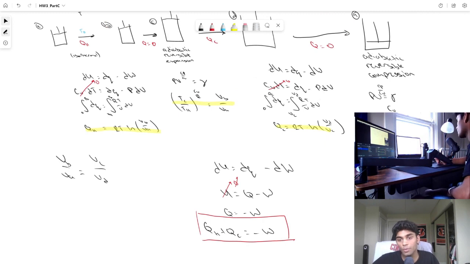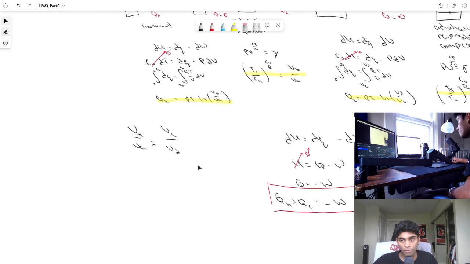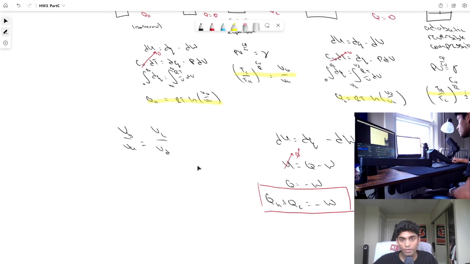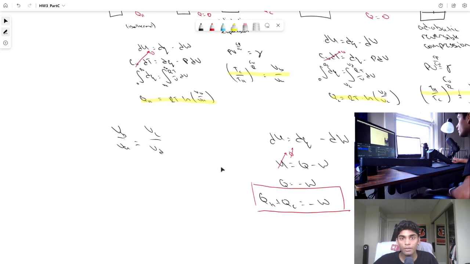Because when you take the reciprocal of this side, we get TC over TH. We have TC over TH here. They're both to the same power. They're essentially equal. However, this doesn't have any meaning to the original, so what we can do is take the natural log of each side.